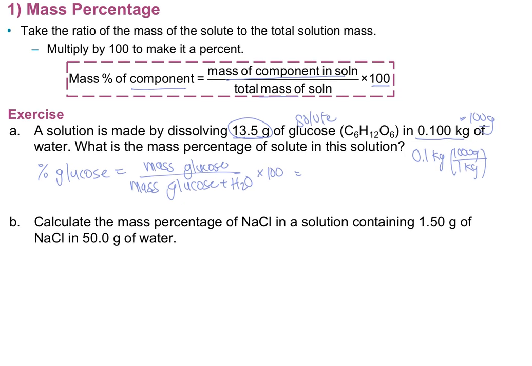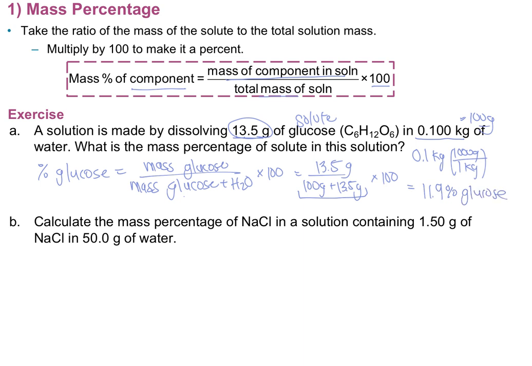Oftentimes what people will do is they'll just divide by the solvent, and you actually want the total mass on the denominator though. So we'll do 13.5 grams divided by 100 grams plus 13.5 grams, times 100. So our denominator is going to be 113.5. Then we can divide those and multiply by 100, and we get 11.9% glucose.